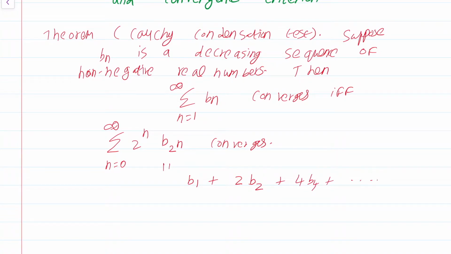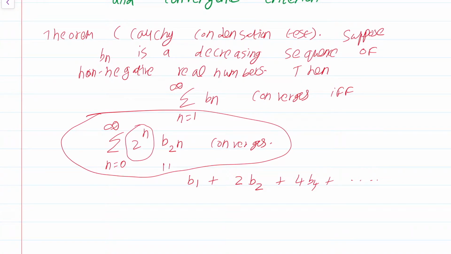So the convergence of a series of non-negative terms that are decreasing is determined by the convergence of this new series, which actually has terms that are sparsely coming from Bn, but to account for the sparsity you are multiplying by an exponential. Okay, let's prove this.